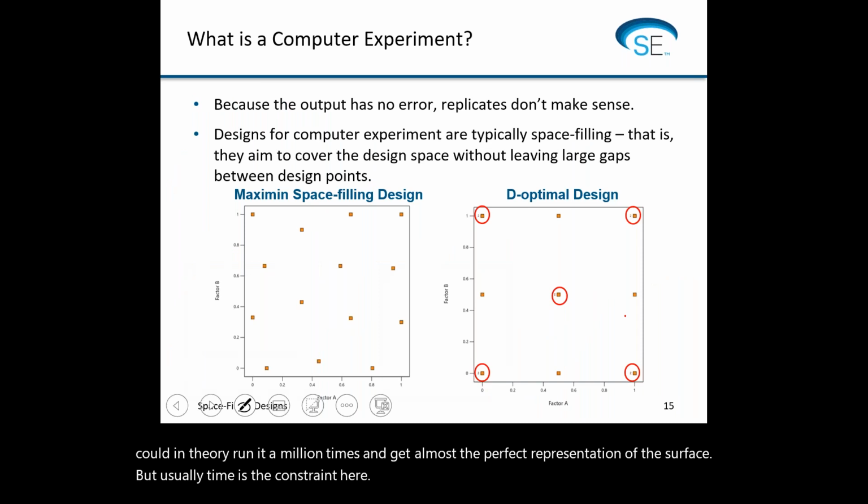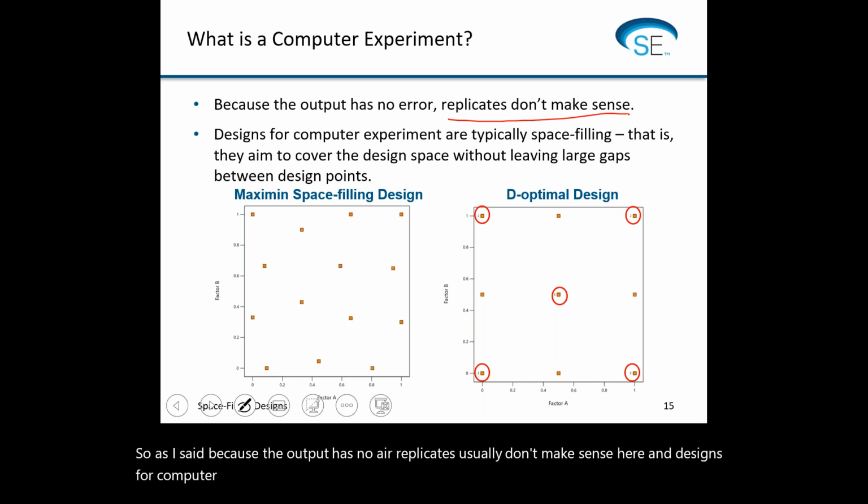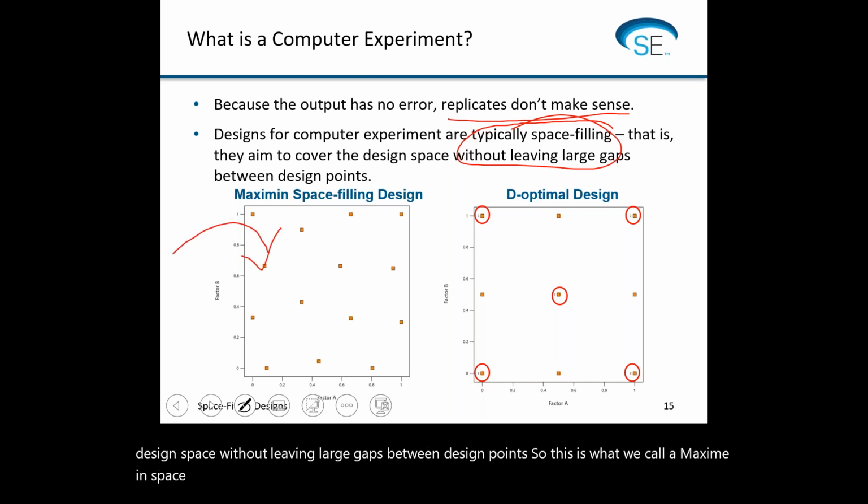So, as I said, because the output has no error, replicates usually don't make sense here. Designs for computer experiments are therefore typically space filling. That is, they aim to cover the design space without leaving large gaps between design points. This is what we call a maximin space filling design for 2 factors.